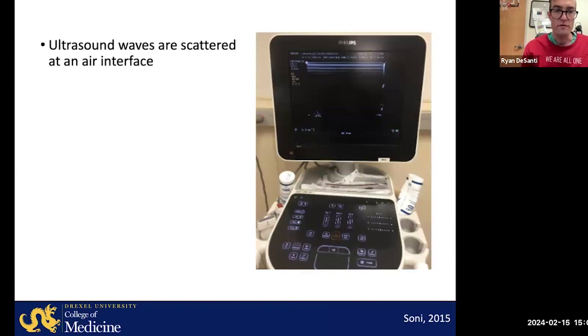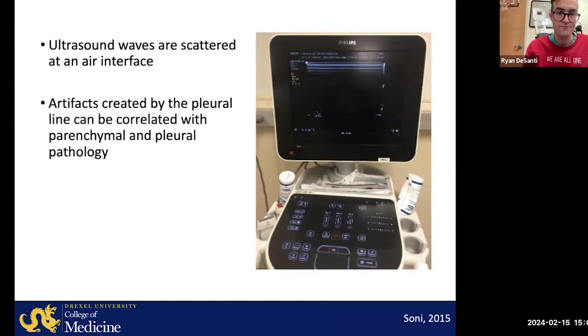So ultrasound waves are scattered at air interfaces, and so historically it was thought that lung ultrasound provided little to no clinical value. This was until the early 2000s, when a French group led by Dr. Lichtenstein initially published research using findings in lung ultrasound.